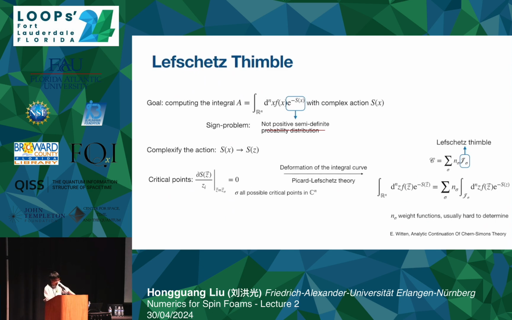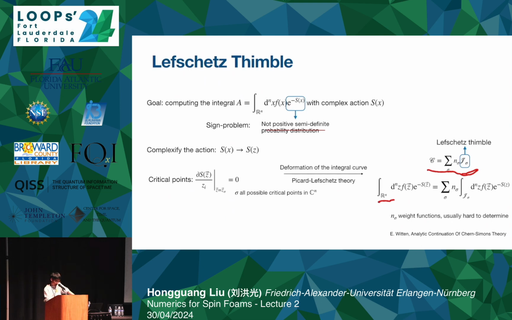This is told by the Picard-Lefschetz theory. Basically, it tells you that the integral contour equivalent to the original R^n integral in the complex plane is given by the so-called Lefschetz thimbles. And the Lefschetz thimble is the equivalence class of the deformation of the real domain of the integral.